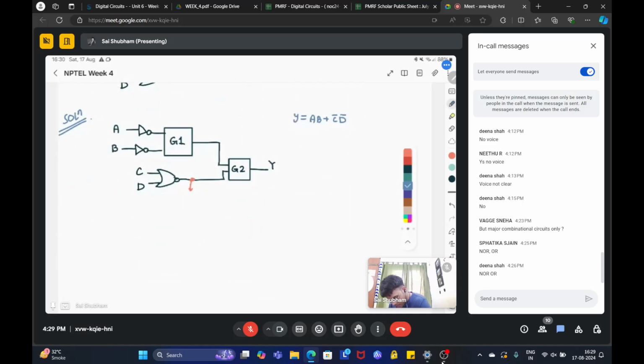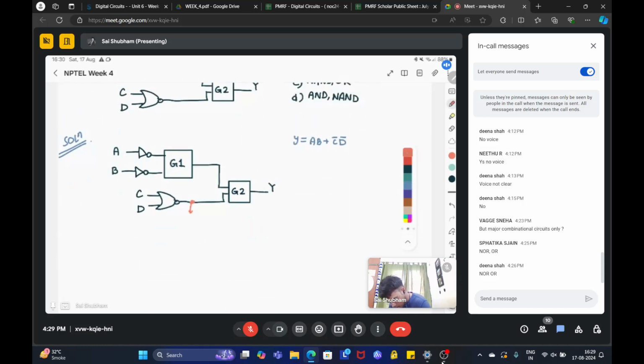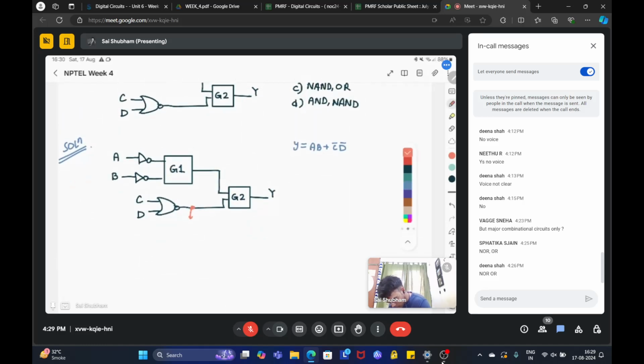Okay. So this point is (C plus D) whole bar. This is an OR operation which can be simplified as C bar D bar, from De Morgan's law.